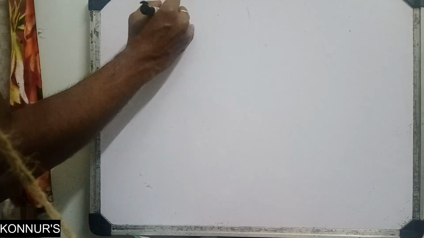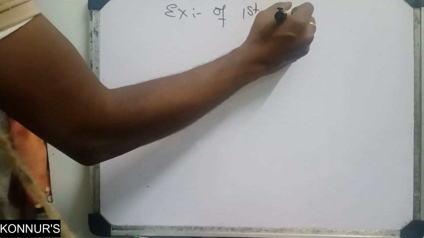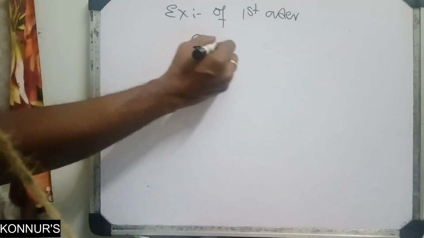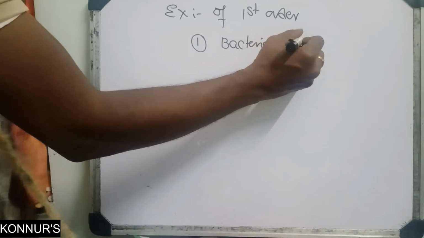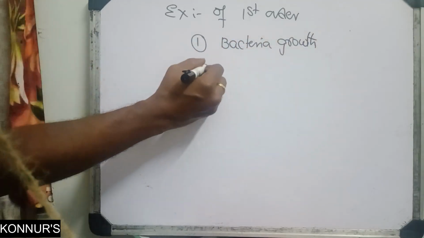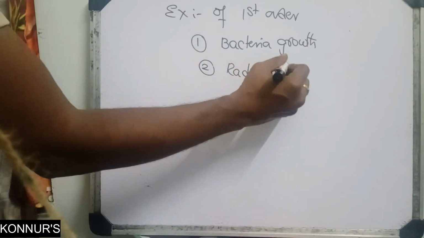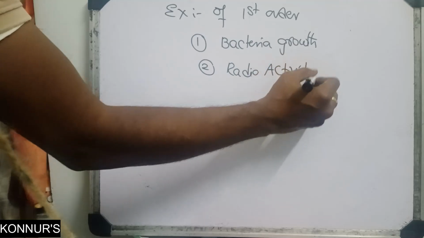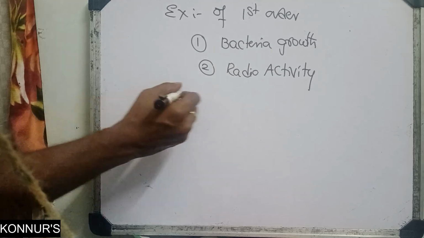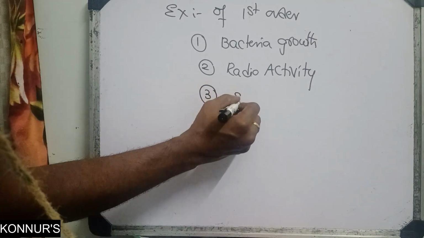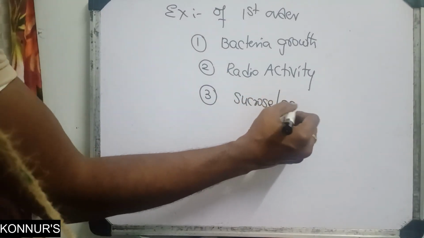Next, examples of first order. That is bacteria growth. Next, radioactive decay. Radioactivity means all nuclear reactions are first order reactions only. Next, sucrose, otherwise benzene diazonium chloride.